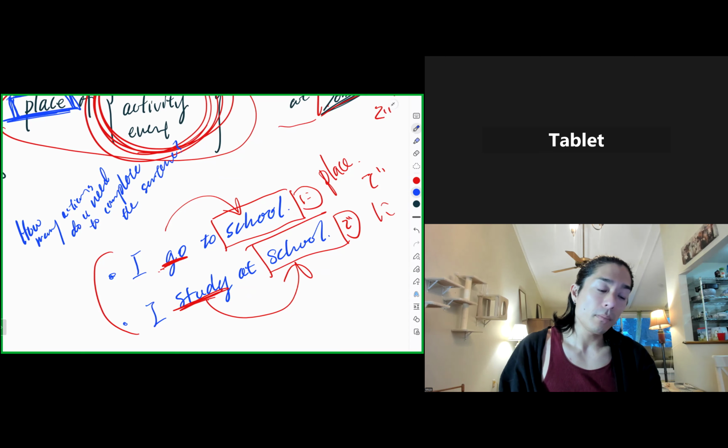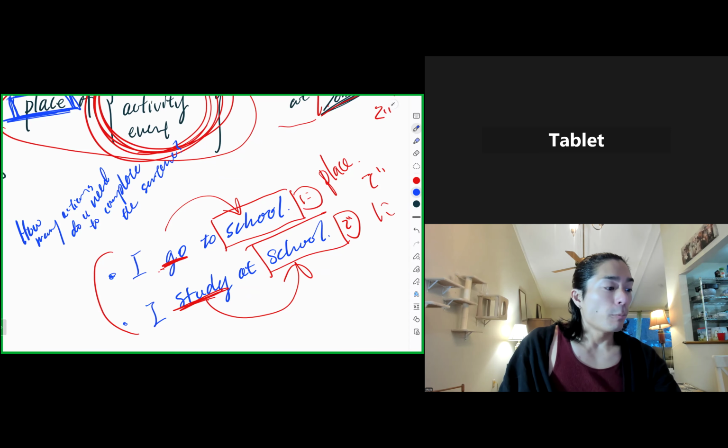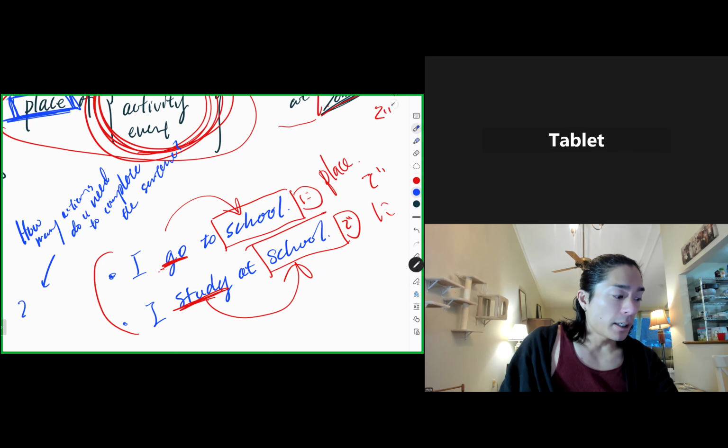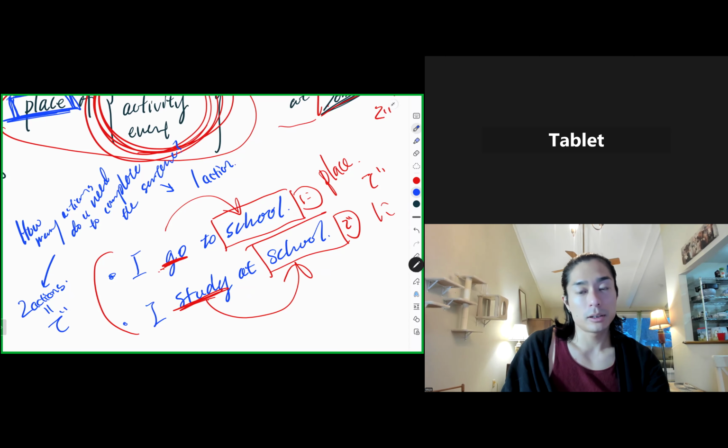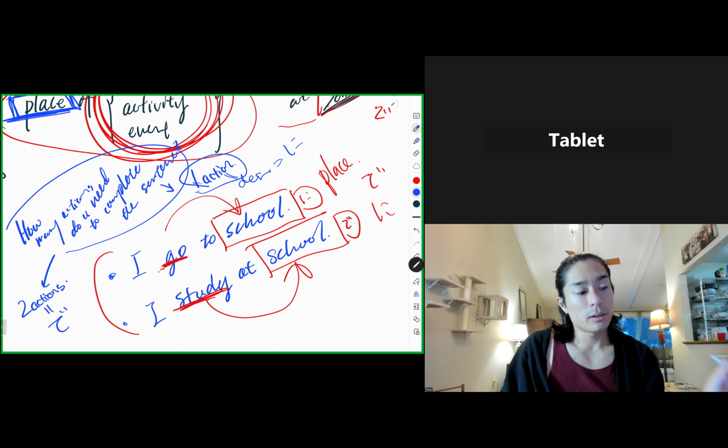So when you need two actions to complete, that's place of action, place of activity, place of event. When you need just one action, I go to school, I run to school, I drive to school, I swim to school, all one action, meaning destination, meaning ni. Okay, so this is one good simple question you can ask whenever you get confused.